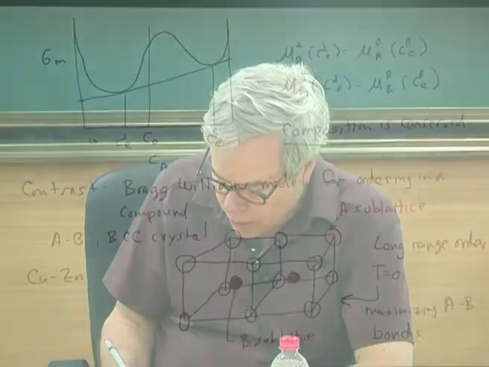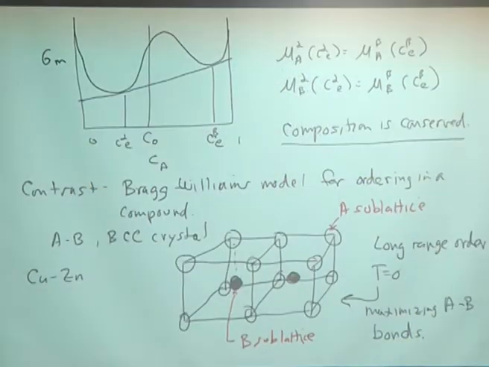I could have called this the B sublattice, because if you have all the B atoms on the B sublattice, it's completely ordered. But if all the B atoms sit on the A sublattice, that's completely ordered too, right? It's just the definition of A and B sublattices.